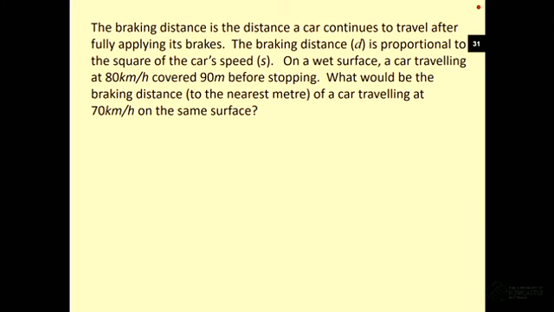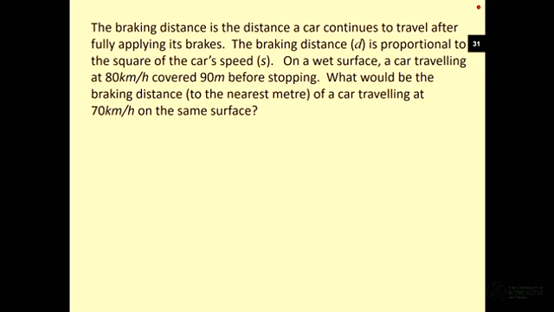So the braking distance is proportional to the square of the car's speed. That's just the relationship. That's a real life relationship. Because as the car's coming along, you'll see on telly it says this extra 10 k's in your speed actually increases your stopping distance by much more. Well, this is an example of that.